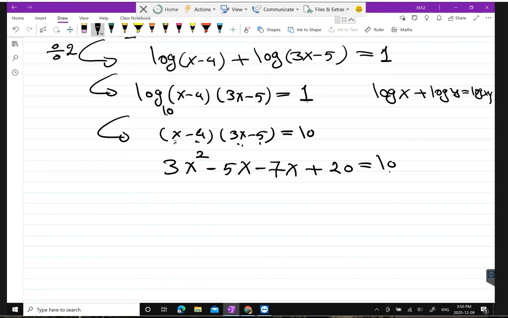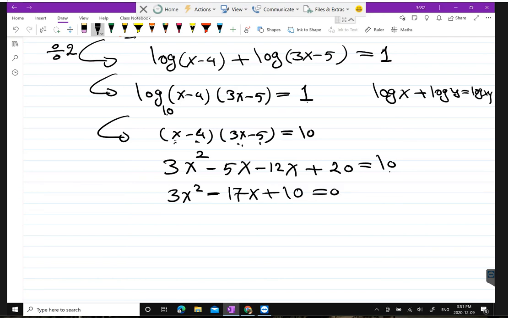Okay, I think x times 3x squared minus 5x minus 12, not minus 7. Minus 12x, and then plus 20 is equal to 10. Then you have 3x squared minus 17x plus 10 is equal to 0.